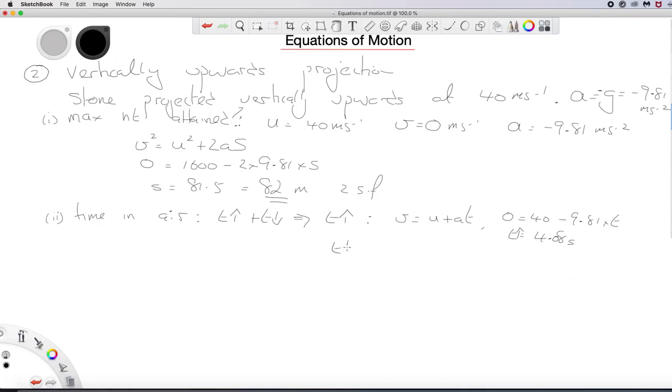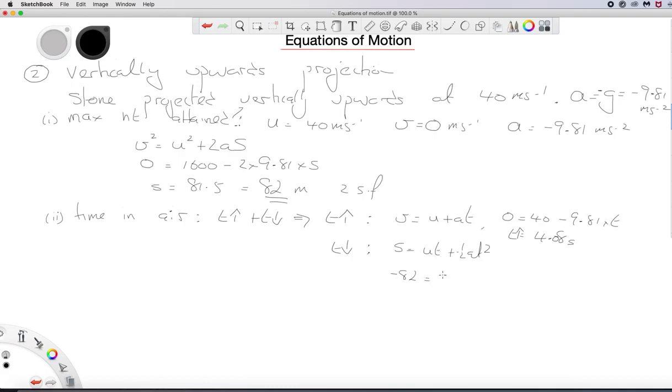So time on the way down then, well, what do we know? We know our initial velocity, it will start at 0 meters per second. We know it will travel 82 meters. So if we said s equals ut plus a half at squared, now this is displacement, and we said up was positive, and this is coming down, so that's minus 82.